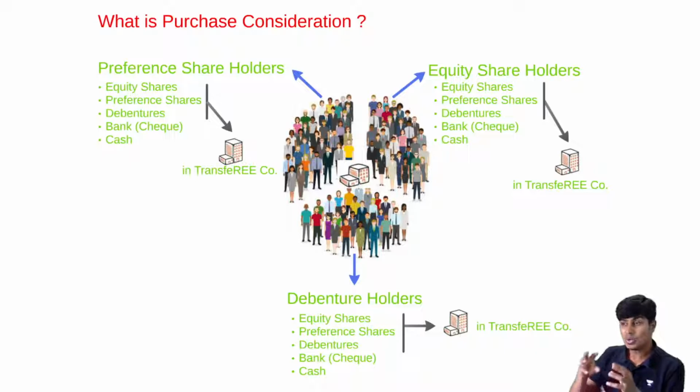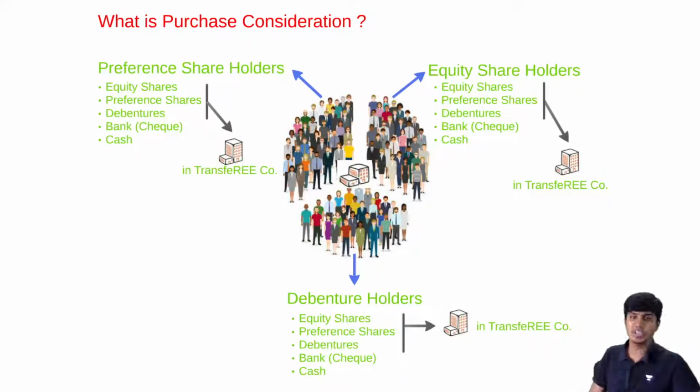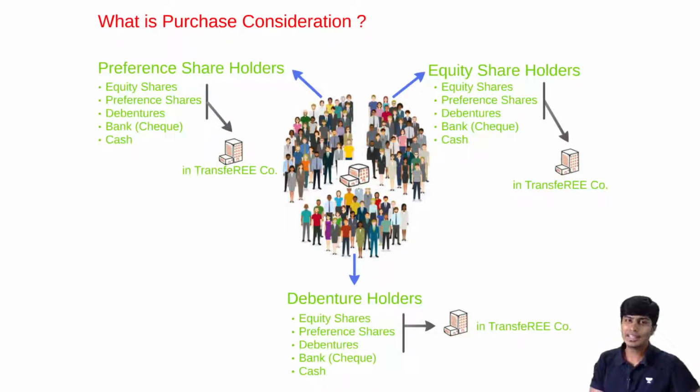Or is it that to whom we give doesn't matter, and what we are giving matters? If we are giving shares, it is PC; if we are giving debentures, it is not PC. Is it that way? I want you to think. Take a pause, take a deep breath, think, write down the answer on paper, and then listen to my explanation. Did you write?